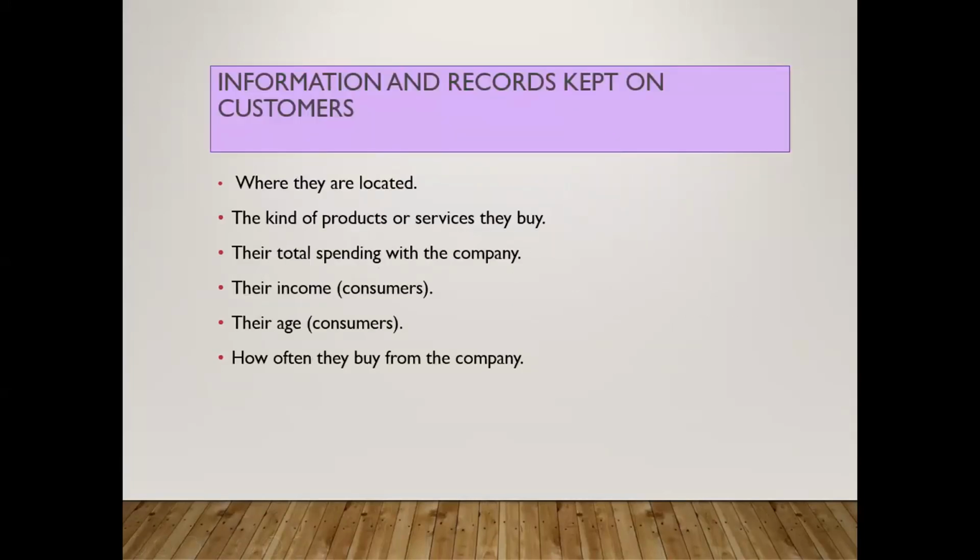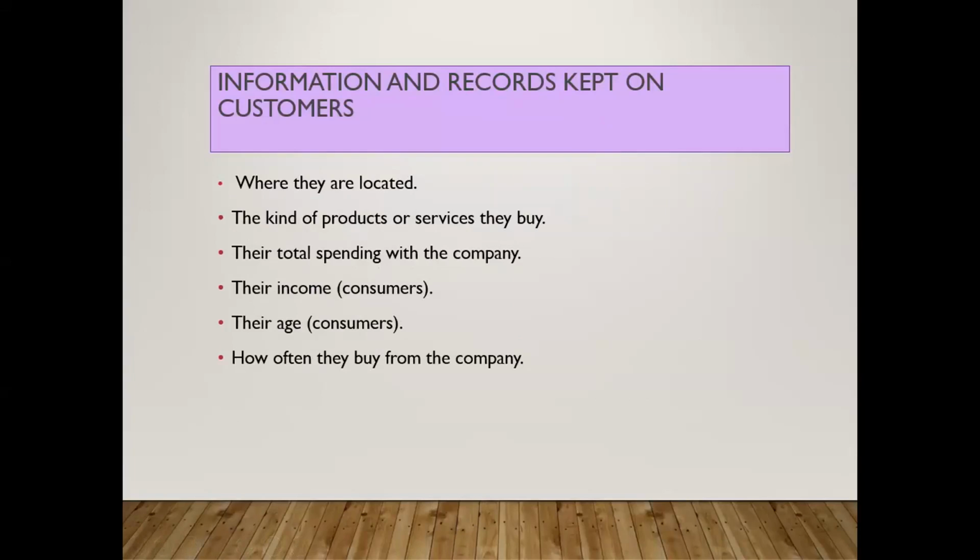So customer service policies, as I said before, also record a lot of information about the customer. These are just a few of the pieces of information that it will collect in order to serve the customer better. So they will tell us where the customers are located.